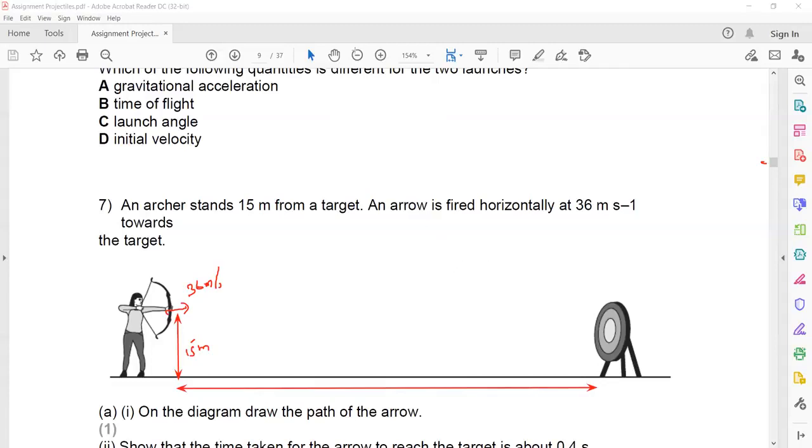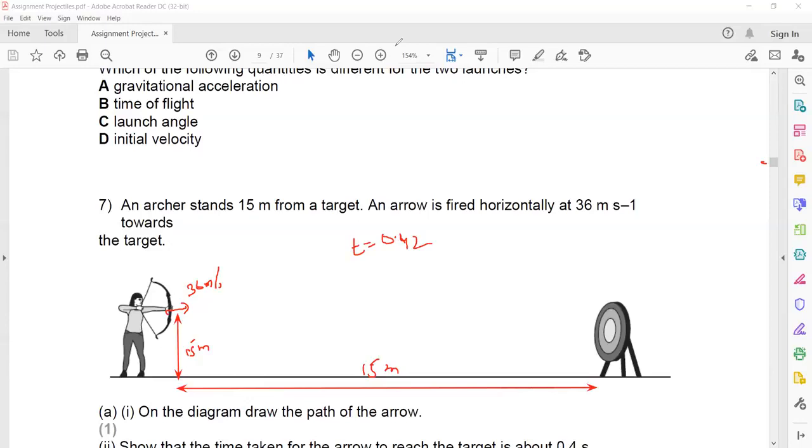This is 1.5 meters, not 15. That's 1.5, and the horizontal distance is 15 meters. It was taking 0.42 seconds to reach the target. We want the height of the arrow above the ground.